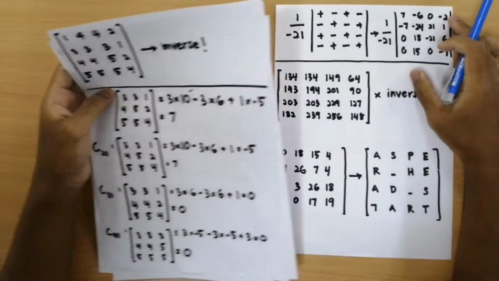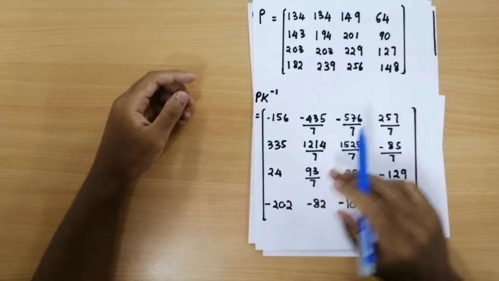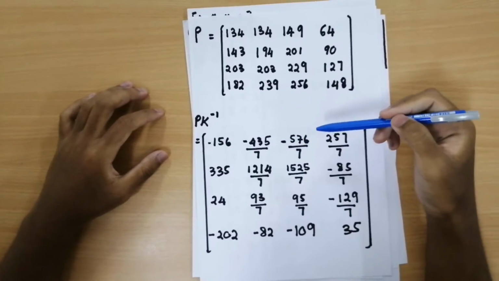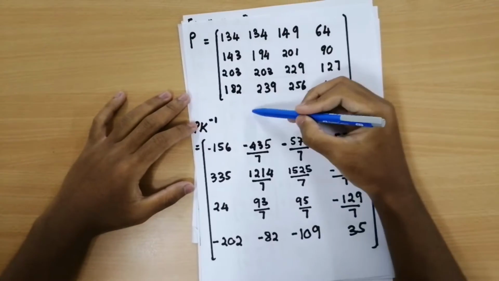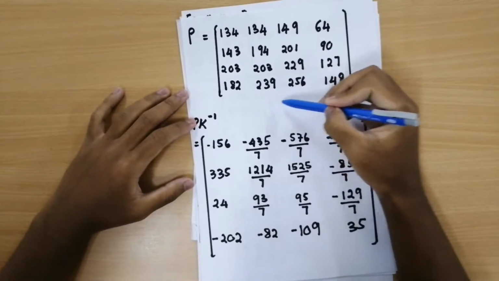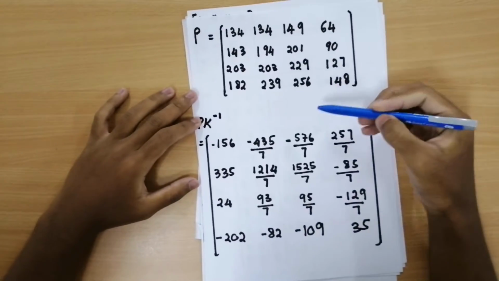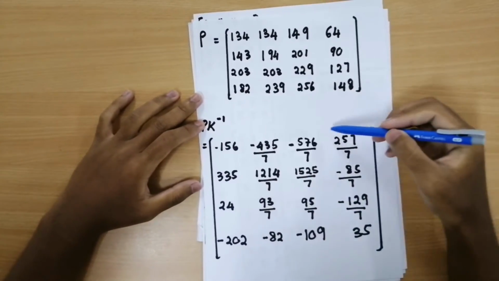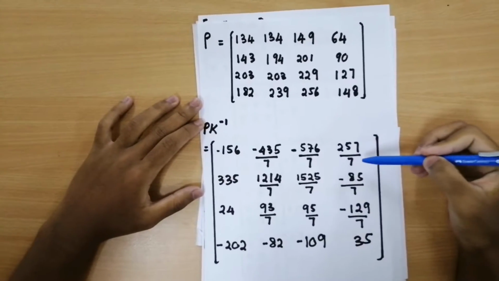So let's see K2, this is the final answer. Why is this not the final answer? The code is A will be 0 until Z will be 25. So since we know this is the final answer, can we decrypt the message by using these matrices?